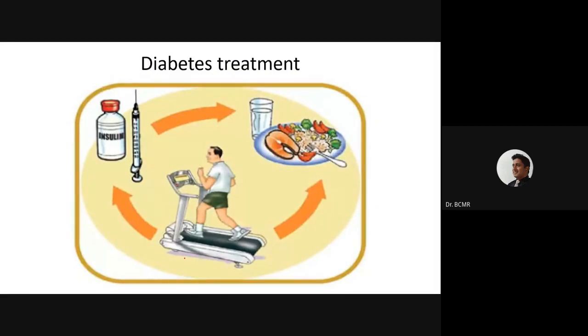Type 1 diabetes is due to lack of insulin. In that case, it's not something we could have managed without injecting insulin. We should have injected insulin. If it is type 2 diabetes, it is because of insulin resistance.